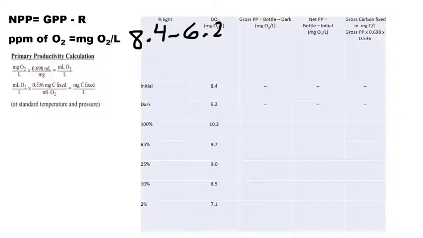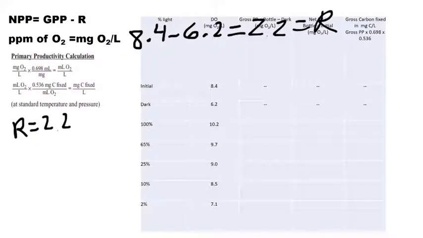So if we subtract those two, we end up with 2.2. That 2.2 we're going to label as R. That's the amount of oxygen consumed by cell respiration during this set amount of time. So let's write here R equals 2.2. Now remember, that's milligrams of oxygen per liter of water.